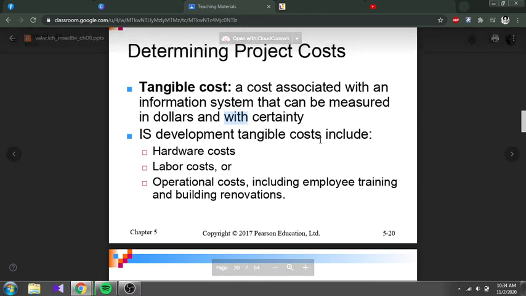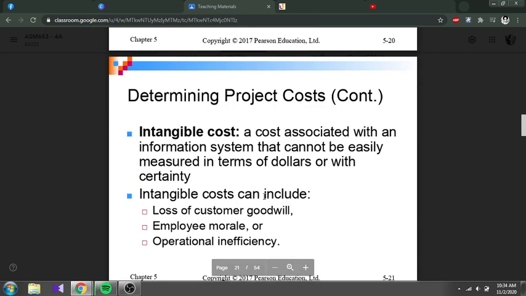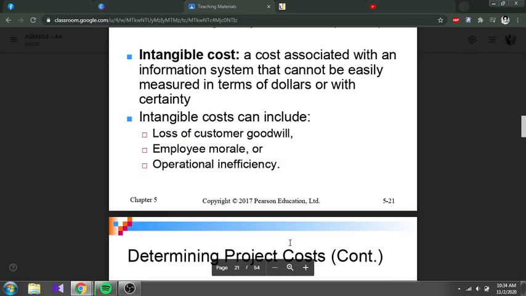So IS development tangible costs include hardware costs, labor costs, operational costs, employee training, and building renovation. While the intangible costs can be loss of customer goodwill, maybe they don't trust us anymore, or they don't buy from us anymore. Employee morale, again, this is the favorite answer, and operational inefficiency.